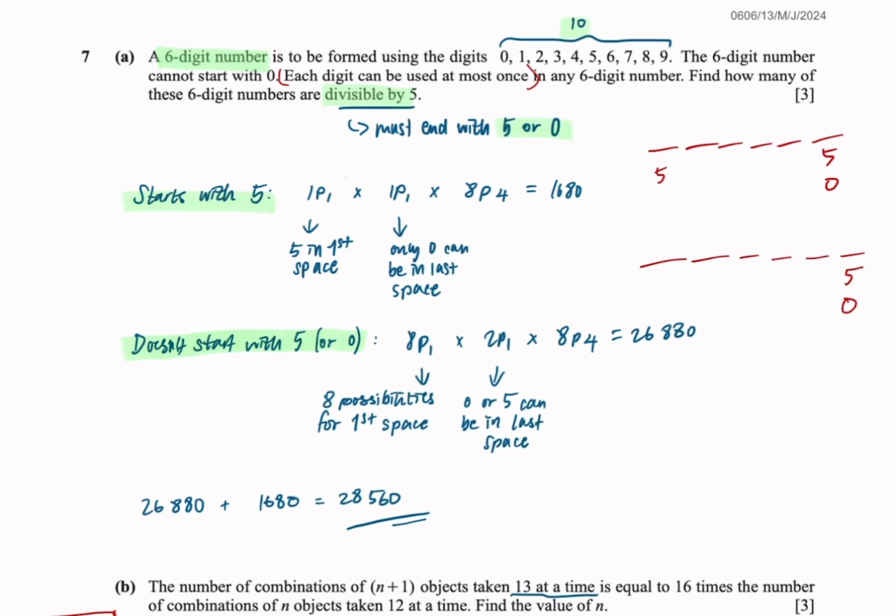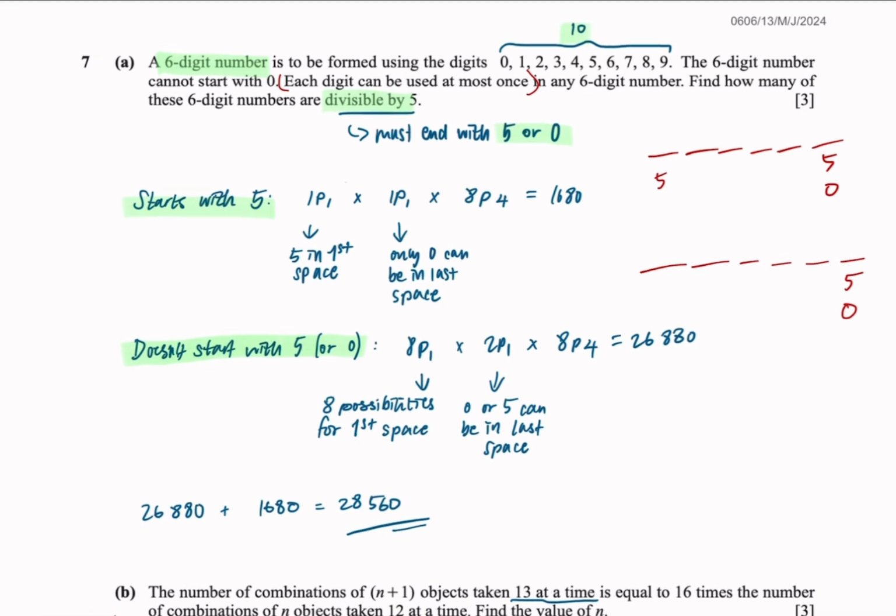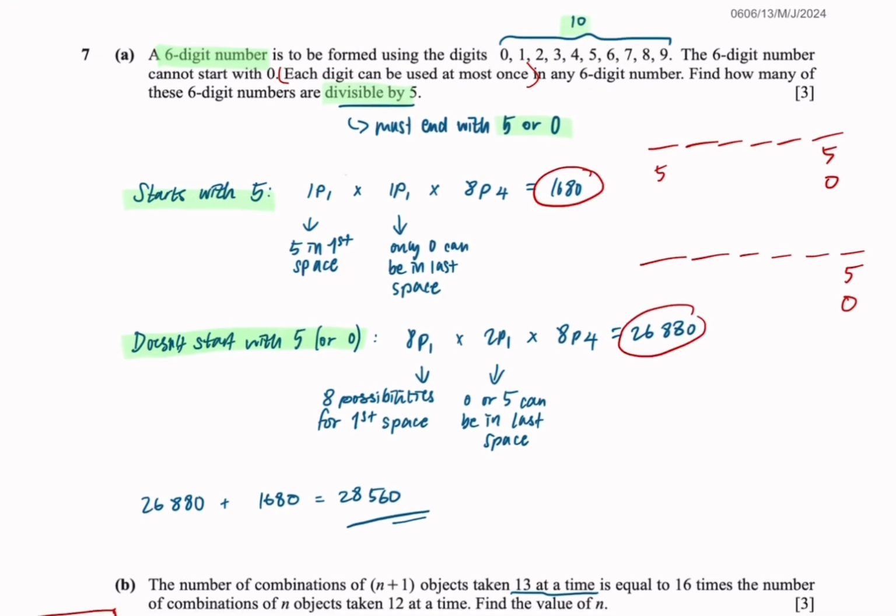So it will be 2P1. And there's 4 spaces left and 8 other numbers to choose from, since you already chose 2 numbers. So it will be 8P4. So once you calculate all of these, you just add up 1680 and 26880. And this will be your final answer.